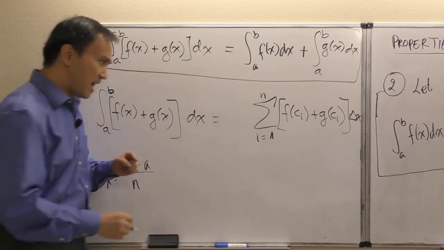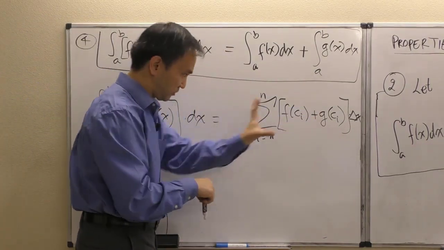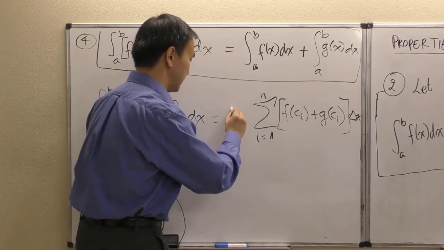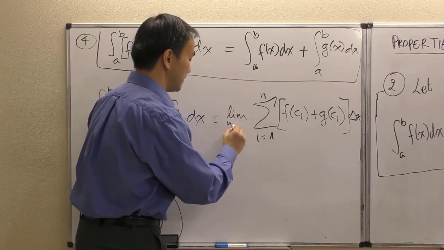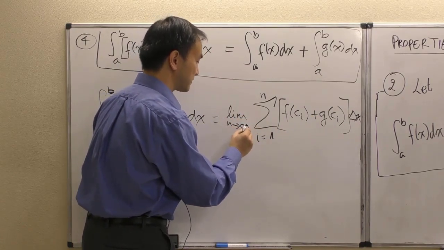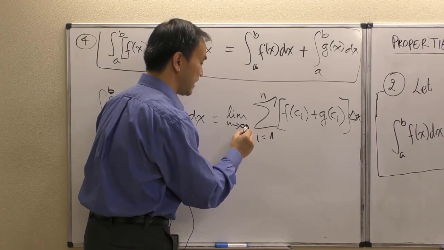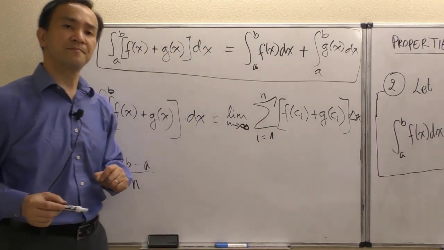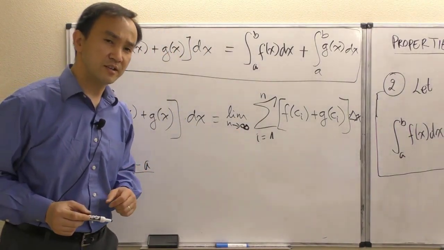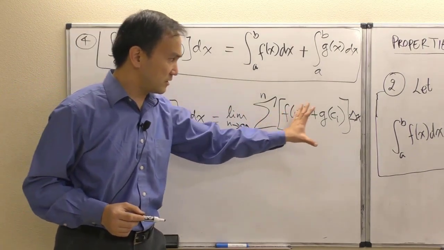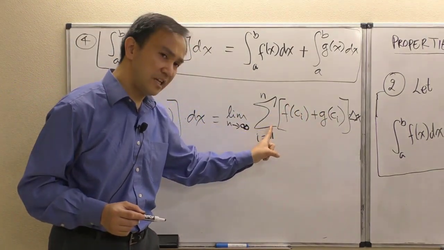But after setting up the Riemann sum, so this is the general Riemann sum, we set it up into a limit. We keep letting n increase and increase. So now looking straight into this, in the end it's a sum.